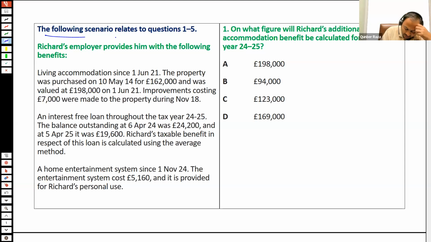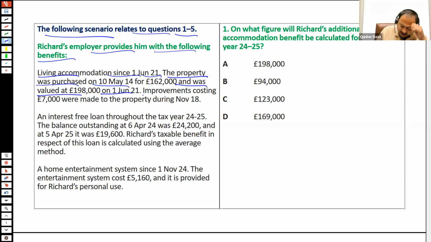The following scenario relates to questions 1 till 5. Richard's employer provides him with the following benefits. Living accommodation since 1st June 2021. The property was purchased on 1st May 2014 for 162,000 and was valued at 198,000 on 1st June 21.